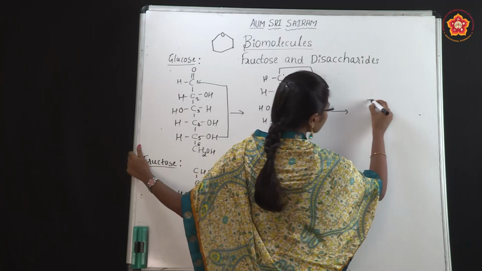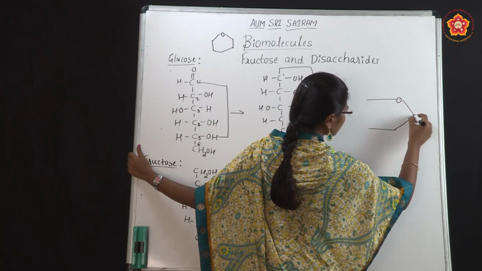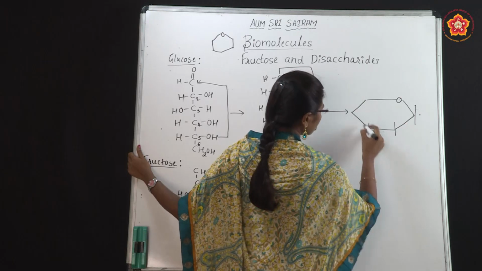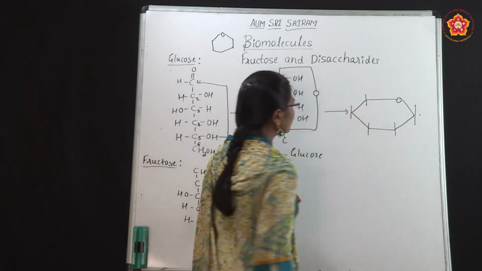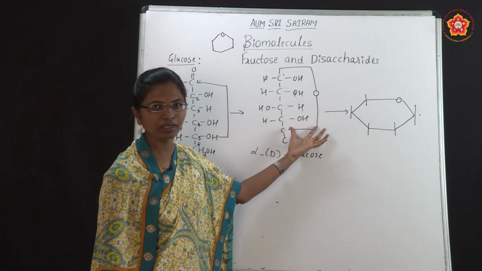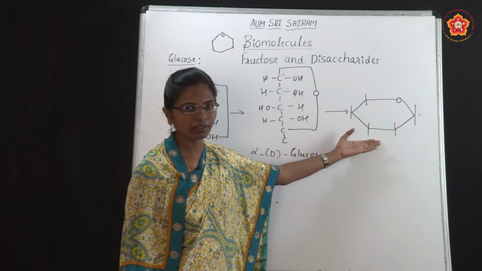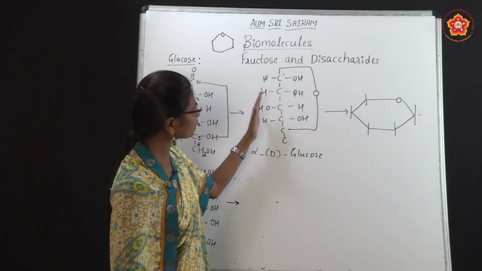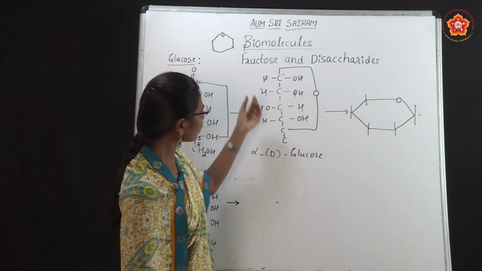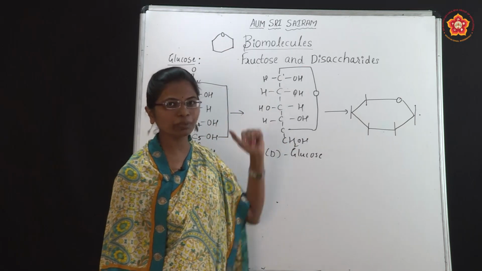Now see very carefully the structure of glucose. The hydroxyl groups which are on the right side are all present below the plane of the structure, and the H atoms are above the plane of the paper, and the CH2OH group is always projected above the plane of the paper.